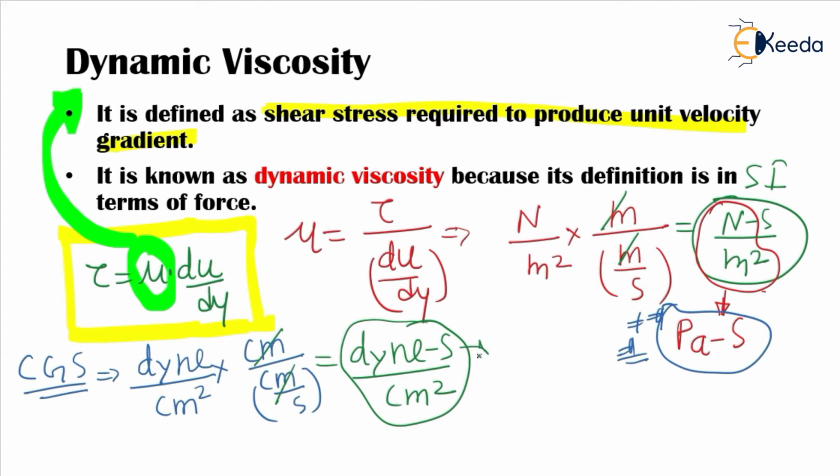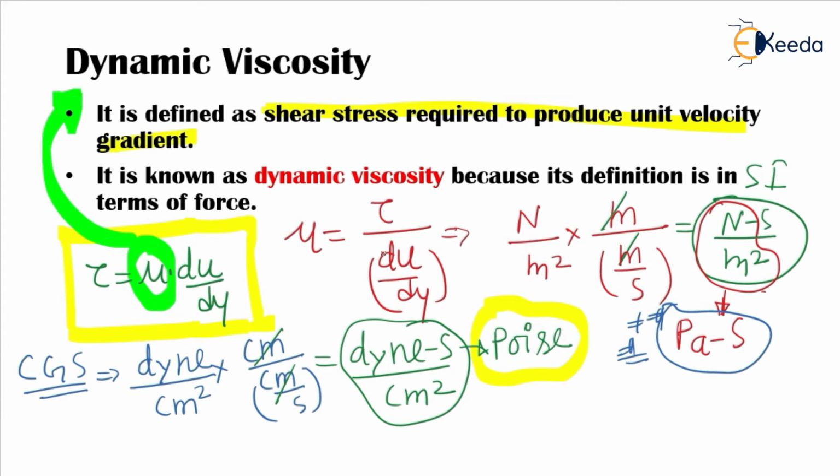This value is also known as poise, POISE. This is important from the exam point of view. Remember this, the CGS unit is also important, poise. You should keep this in mind. Now, what is the conversion of this poise with Pascal second?